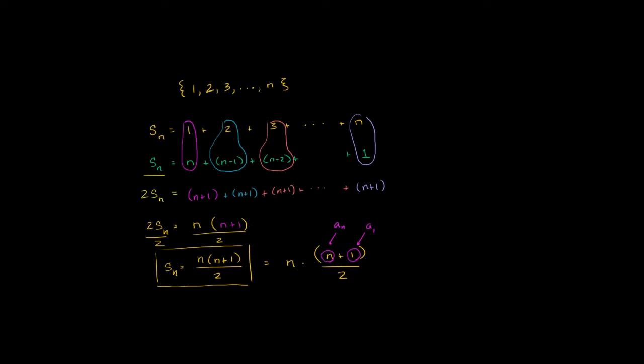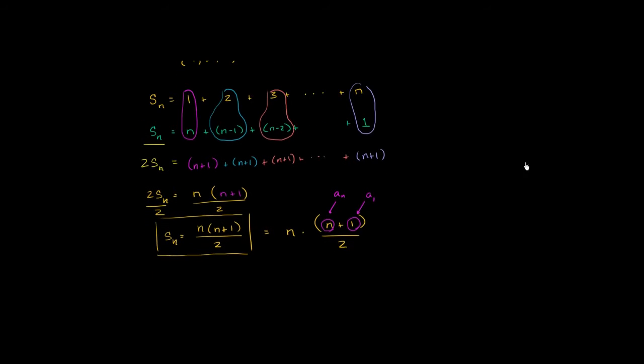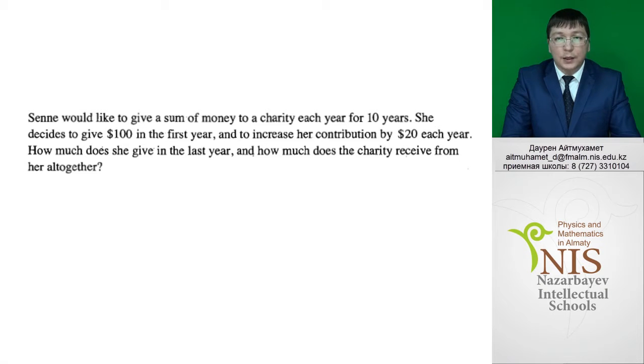This right over here is the average of a sub 1 and a sub n, and then I'm multiplying that times n. And what I'm curious about is whether this is going to be true for any arithmetic sequence, that the sum of it is going to be the average of the first and the last term times the number of terms. We'll start with a problem, a text problem.